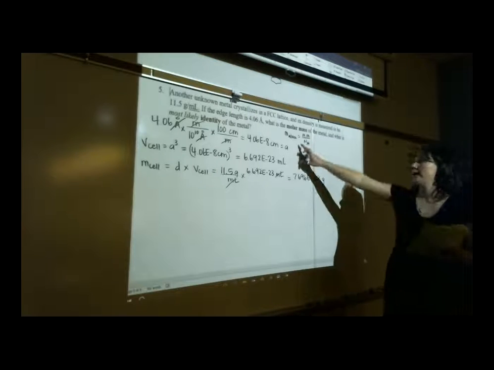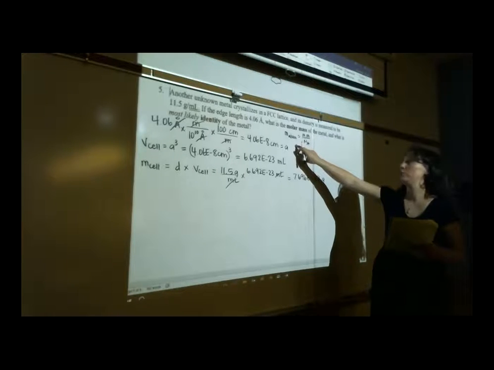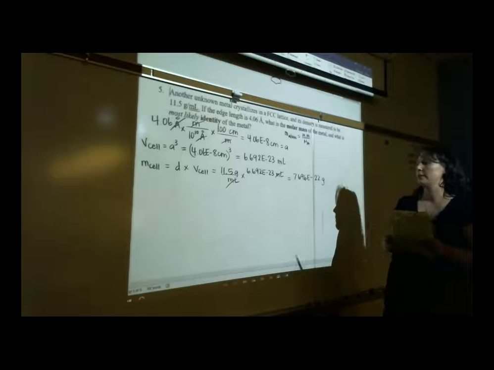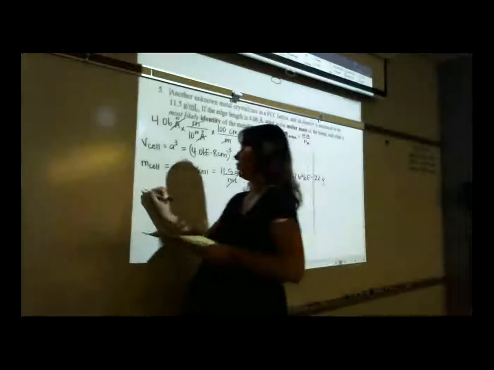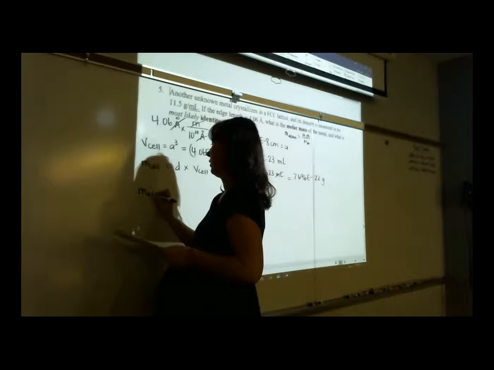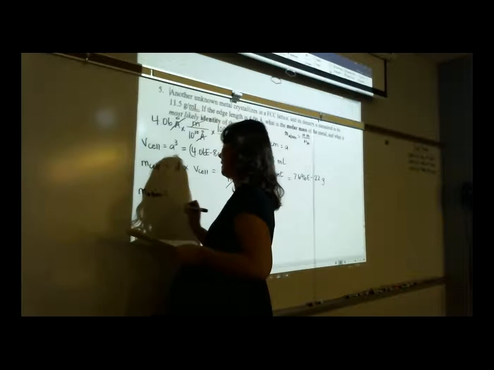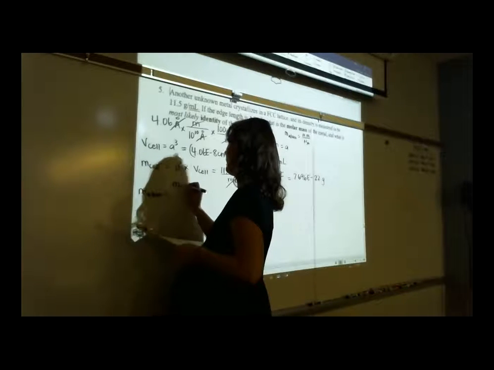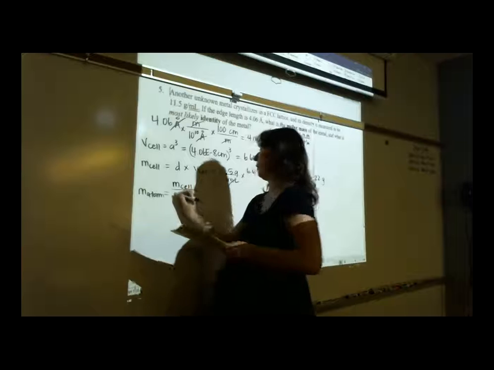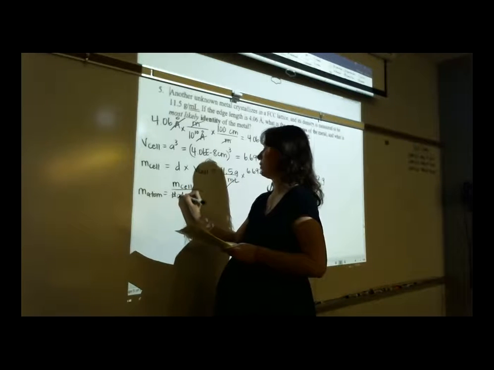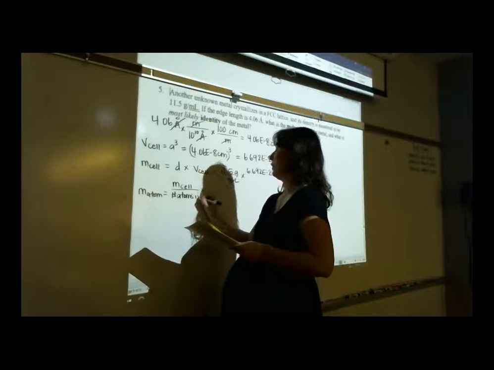Now we want mass of the atom, right? Because ultimately that's what we're going for here, so we can plug in for molar mass. So mass of an individual atom would be mass of the cell divided by number of atoms in cell.